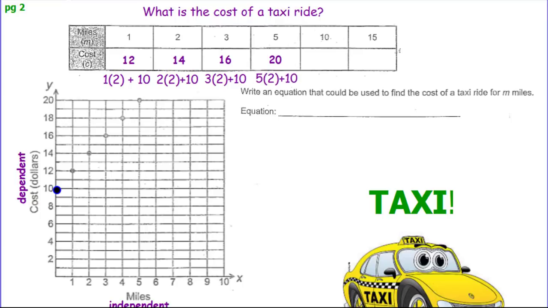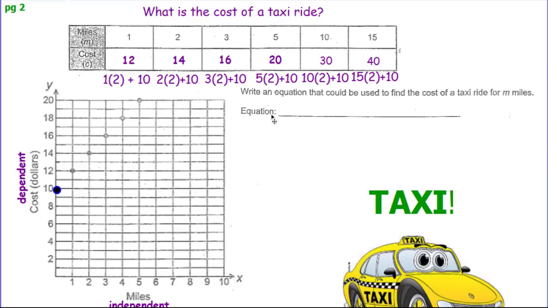And then when we get to 10, it must be 10 times 2 plus 10. So 10 times 2 is 20 plus 10 is 30. So that's going to be 30. And if I go 15 miles, then it's going to be 15 times 2, which is 30, plus 10 is going to be $40. So now we have a table of values.